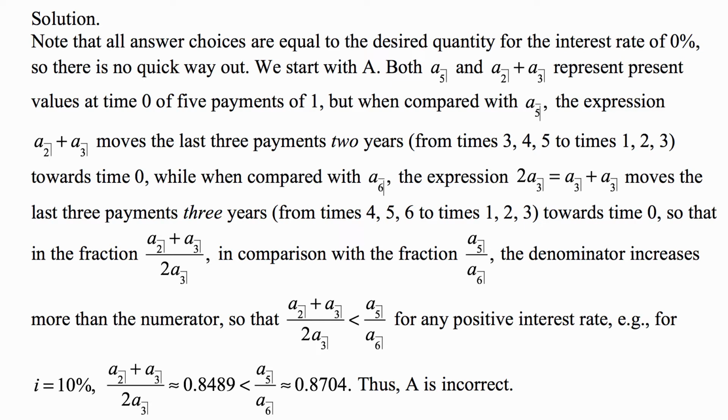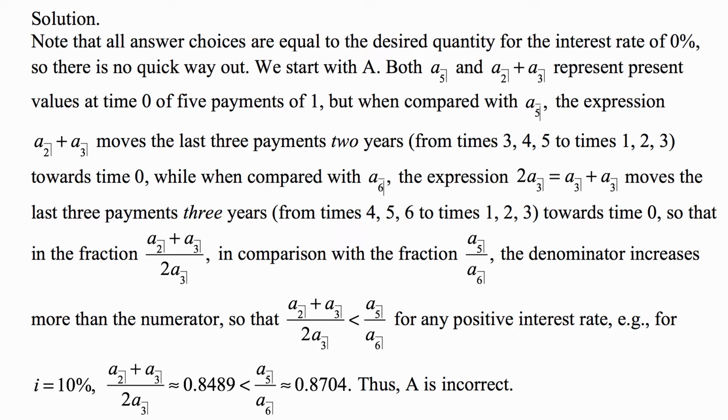But let's see what happens here. The first thing we notice is that all answer choices are equal to the desired quantity for the interest rate of 0. That's always the first thing to try. If you can see immediately that it works for 0%, then you're done, but that's not the case here.